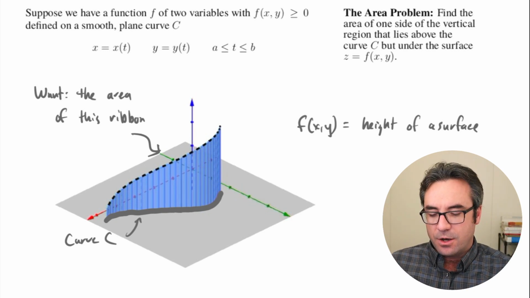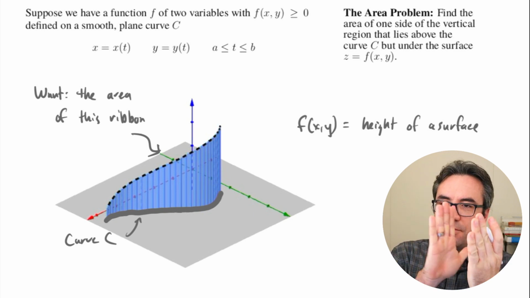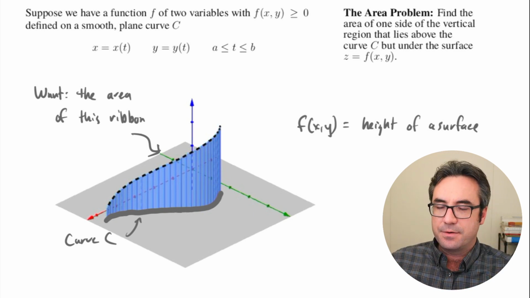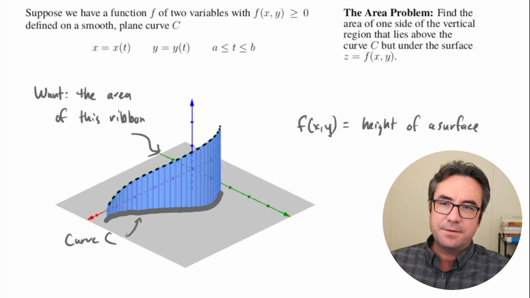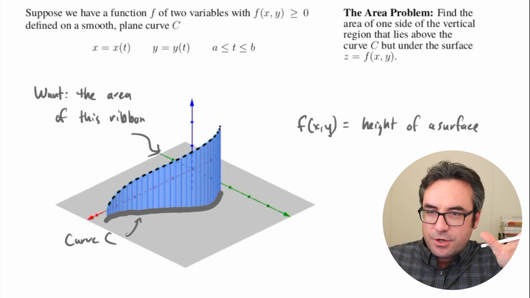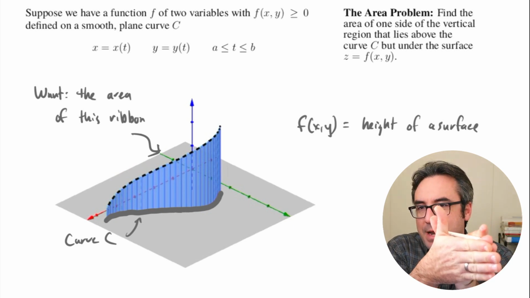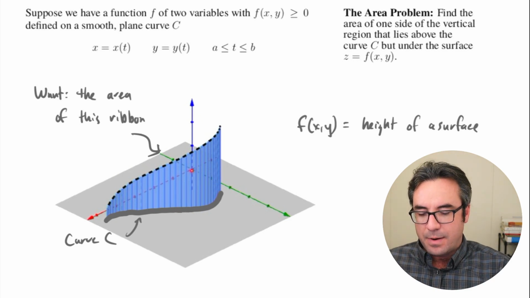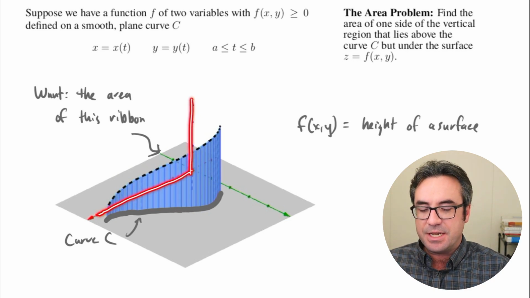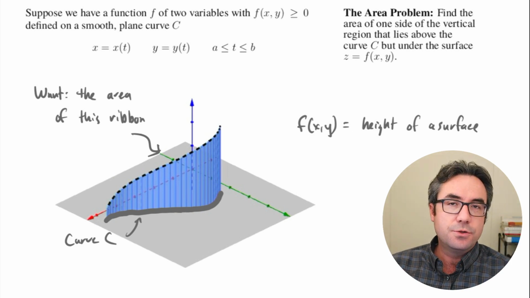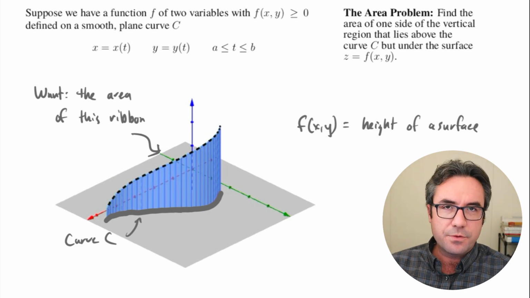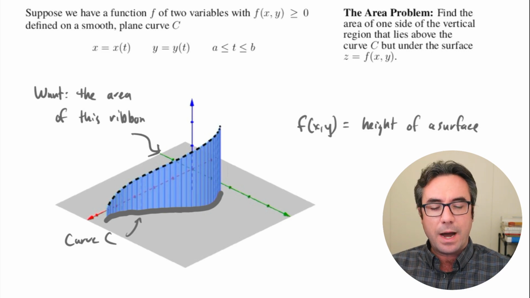We're just going to fold this thing, flatten it down. And then we're going to do the same thing over here. We're going to imagine standing alongside the x-axis and looking from that side. And again, we're going to squish that ribbon down onto the XZ plane. And this is going to give us two new types of line integrals. One with respect to x and one with respect to y.